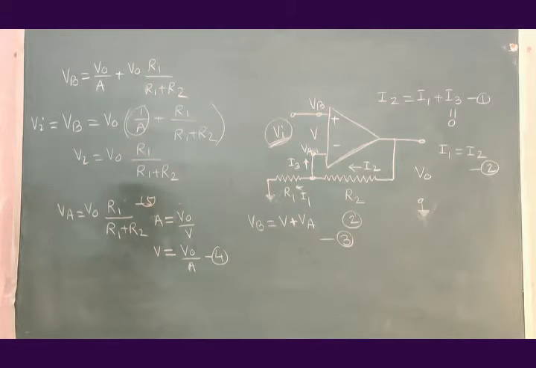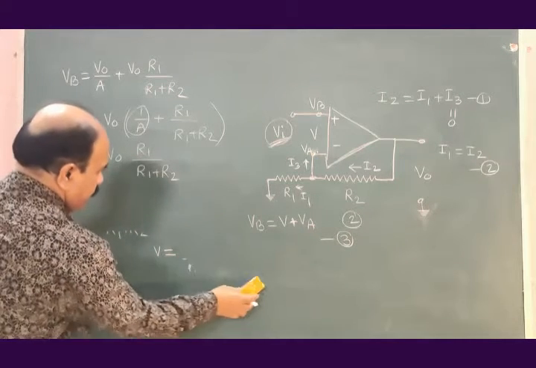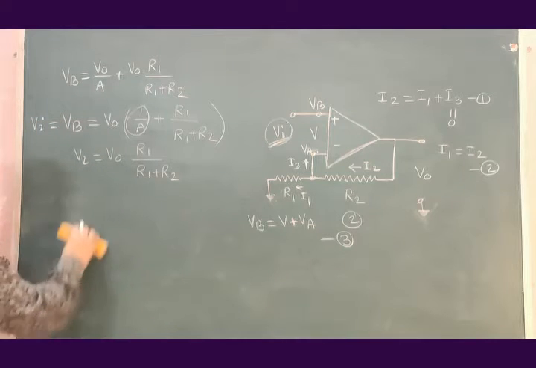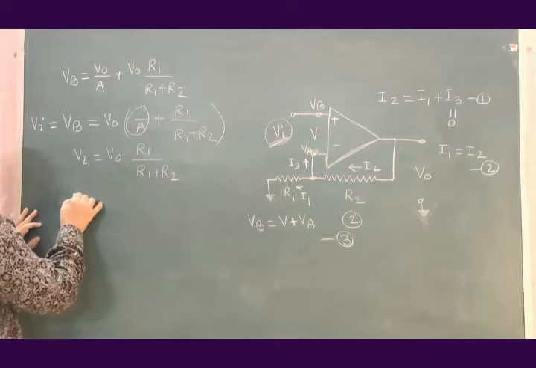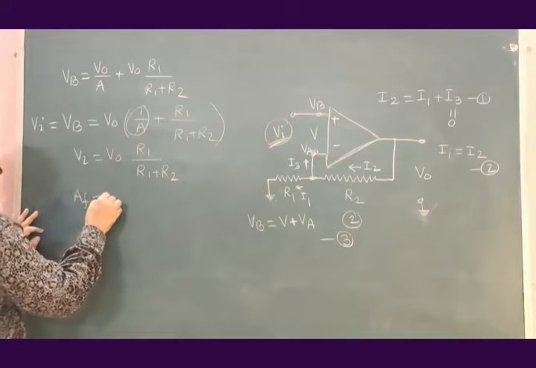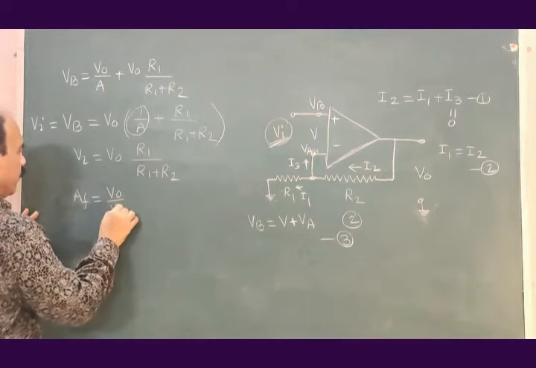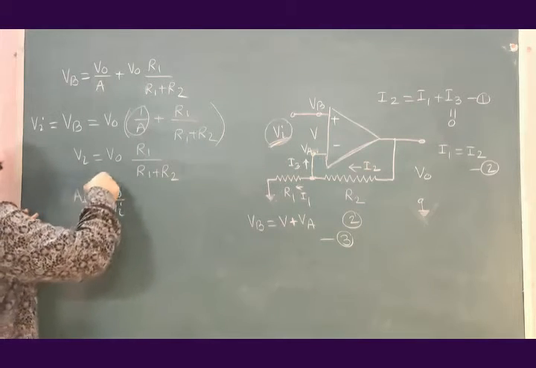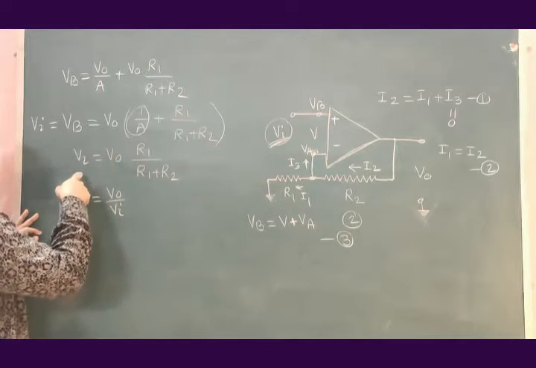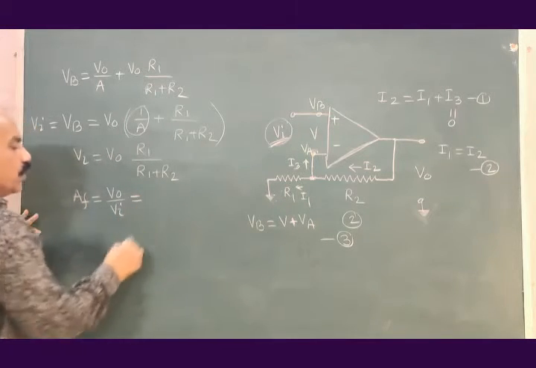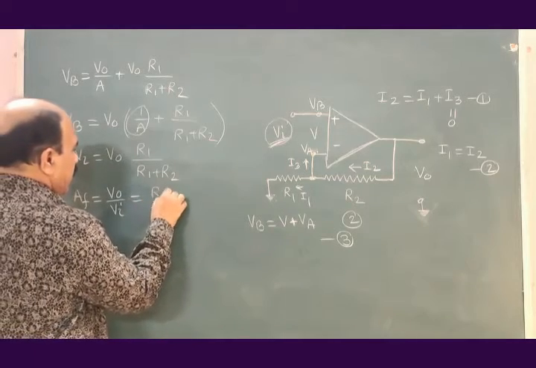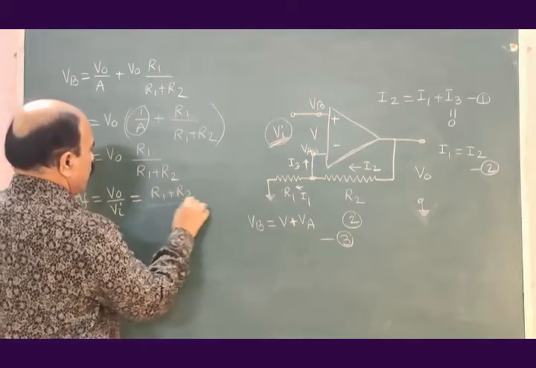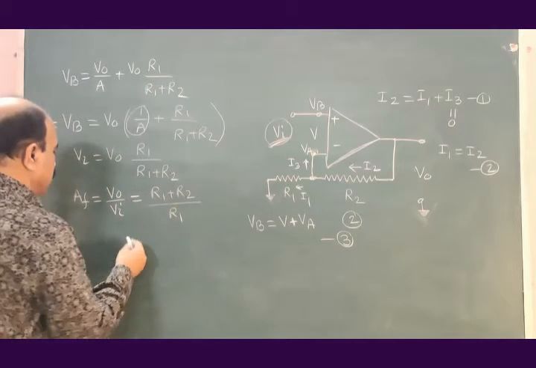This is for the closed loop gain. AF is equal to Vo by Vi. This Vi, take onto this side. Vo by Vi is AF, closed loop gain or voltage gain with negative feedback, which is R1 plus R2 divided by R1.